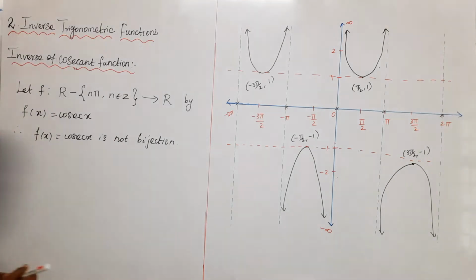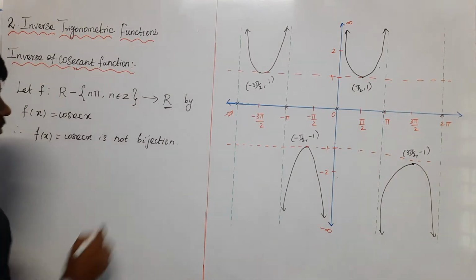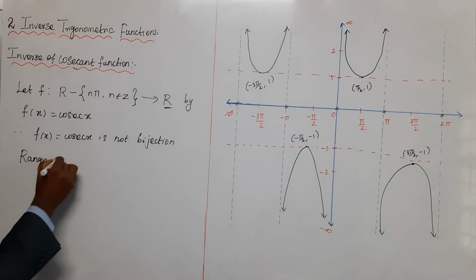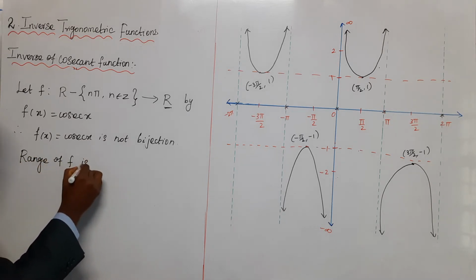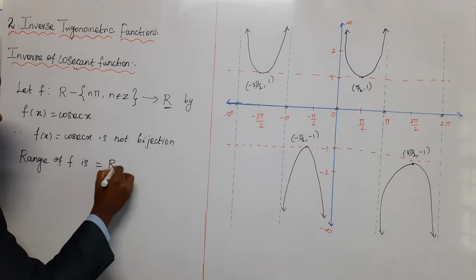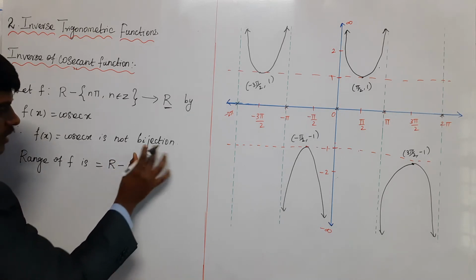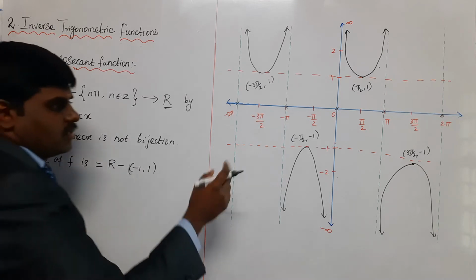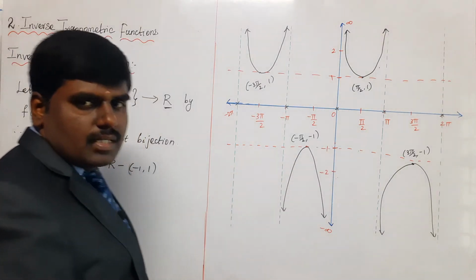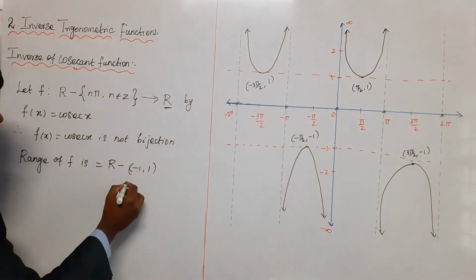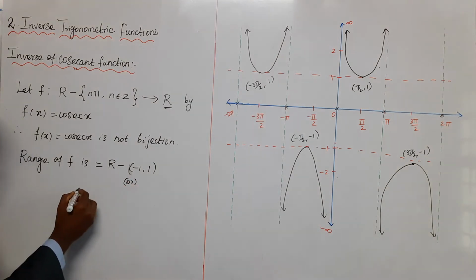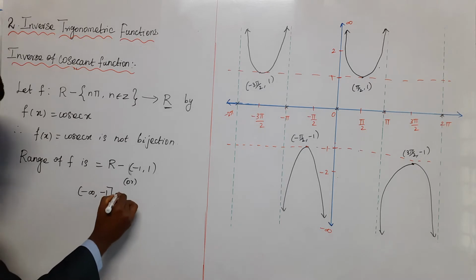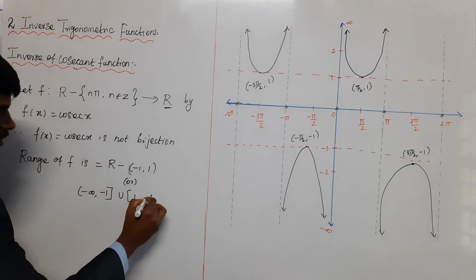First I restrict the codomain. Therefore the range of f is the real numbers except the open interval minus 1 to 1, because minus 1 and 1 are included. Written in another form, it is minus infinity to minus 1 closed interval, union 1 to infinity.